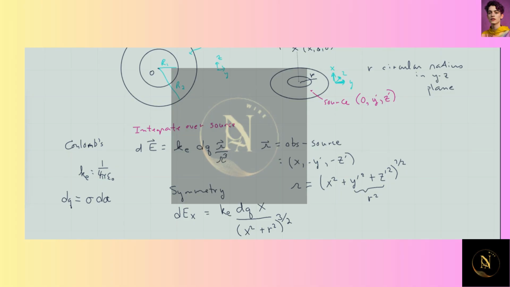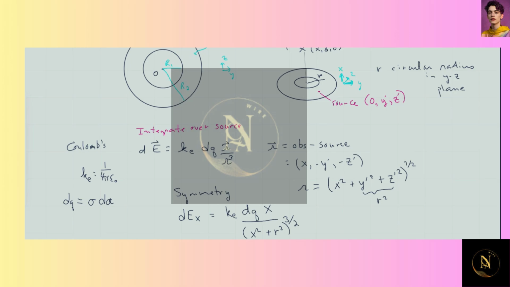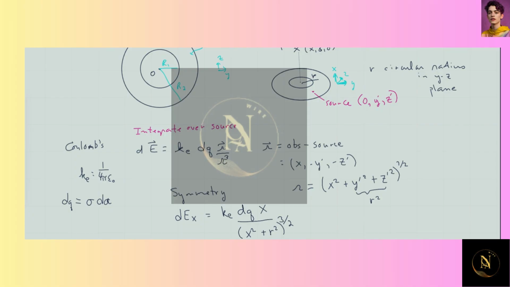I'm not going to plug this in because it looks kind of messy, but we could figure out what our surface charge density is because it is uniform.